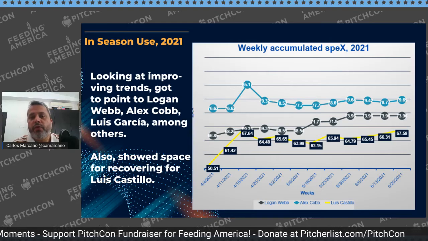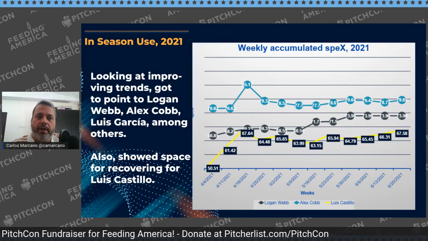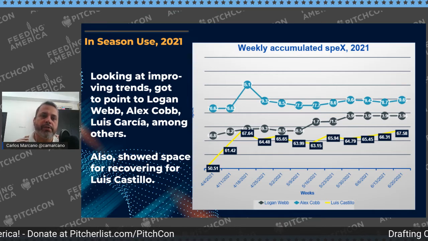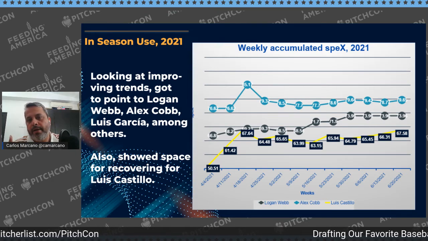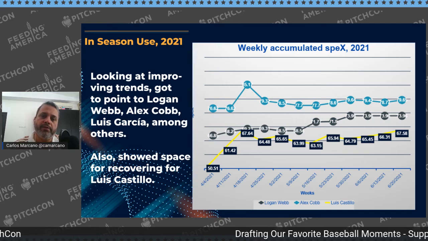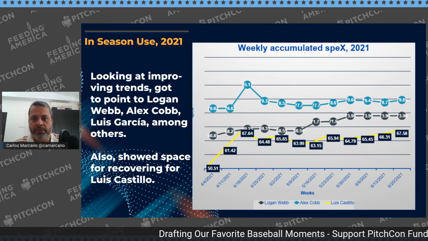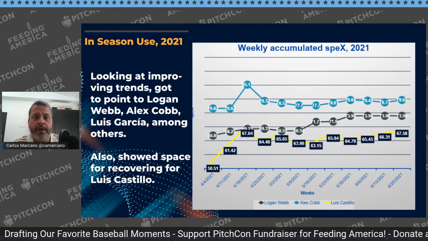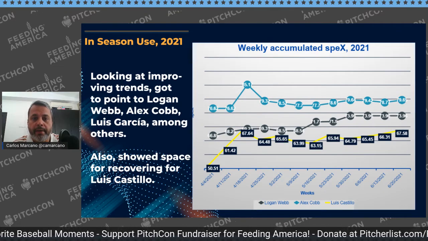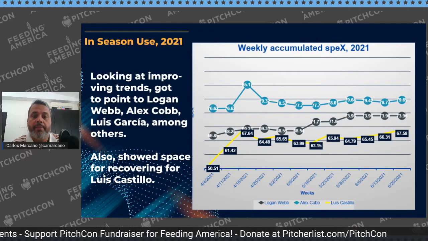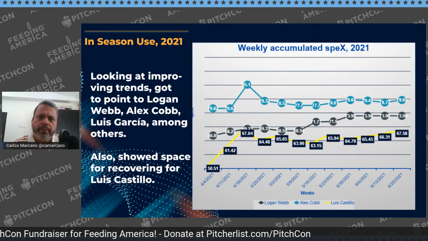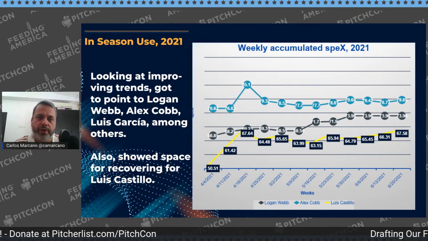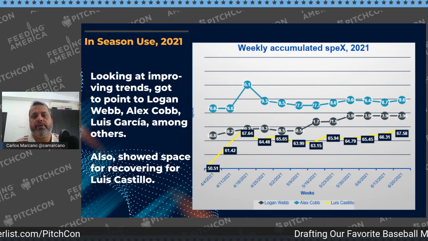And one way of doing that, and that's the way I like to use it in season, is looking at their trend. How was their SPECS at the beginning of the season? How about 2 weeks later? How was it trending? For example, here we have Logan Webb, Alex Cobb, and Luis Castillo, and they have a steady, slight upward trend in terms of their SPECS.